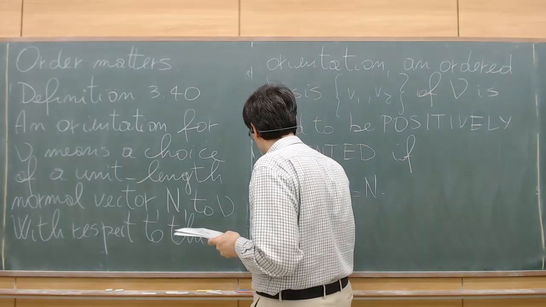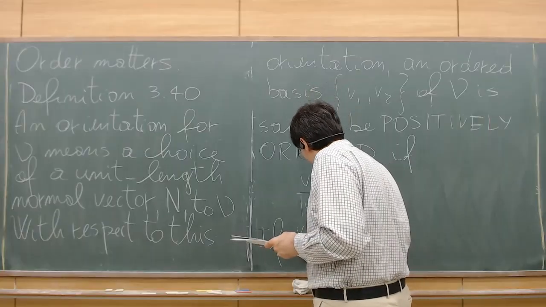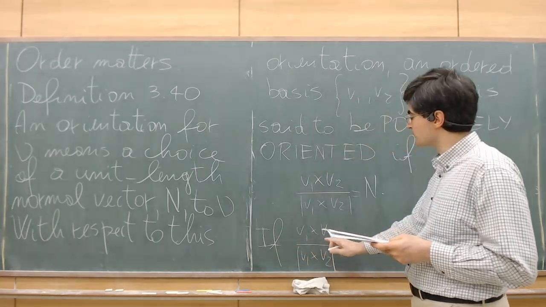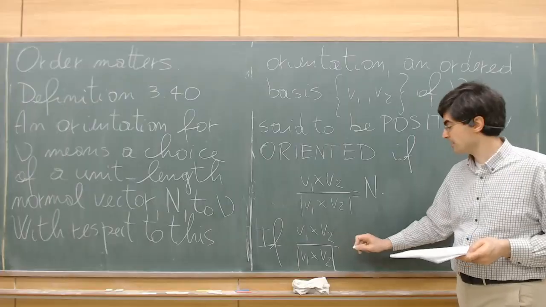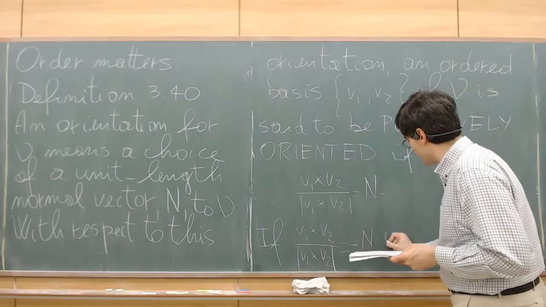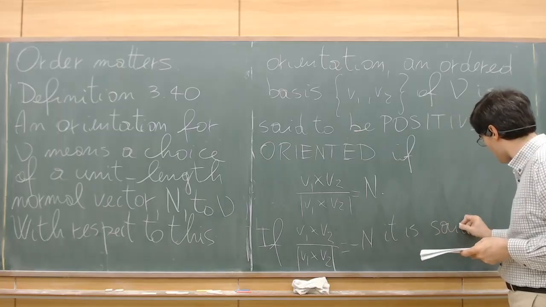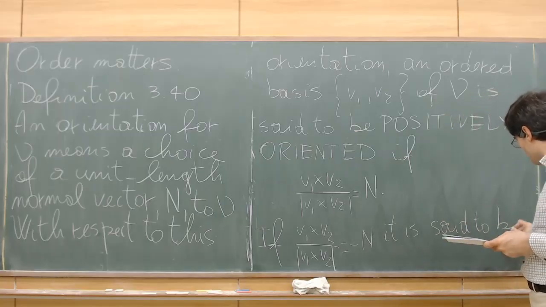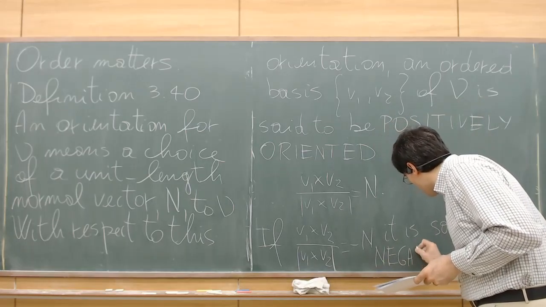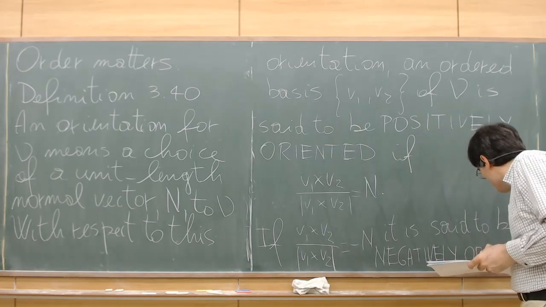If instead you have the other sign, I mean V1 cross product V2 divided by its length is the opposite of n, it is called negatively oriented.